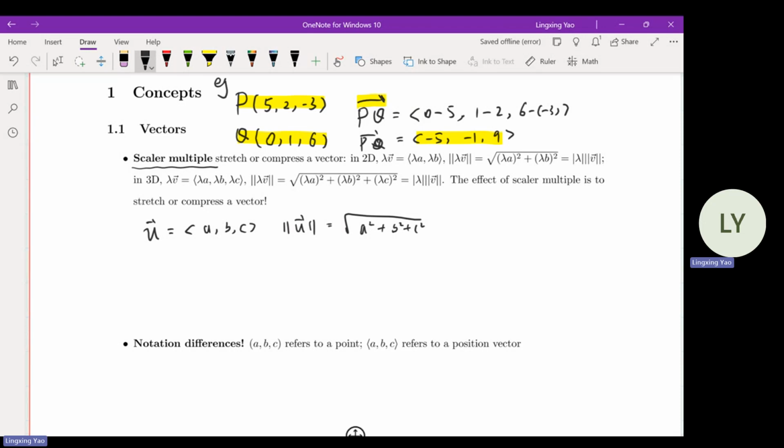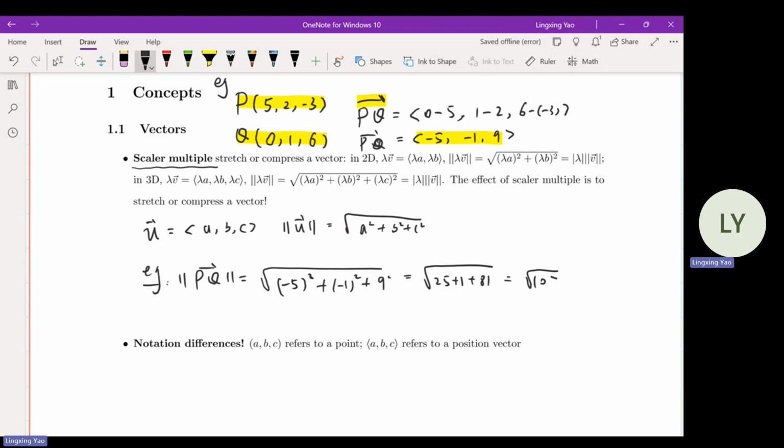So in our example, for vector PQ we computed above, the length is the square root of -5 squared plus -1 squared plus 9 squared, which is 25 plus 1 plus 81, which is square root 107.